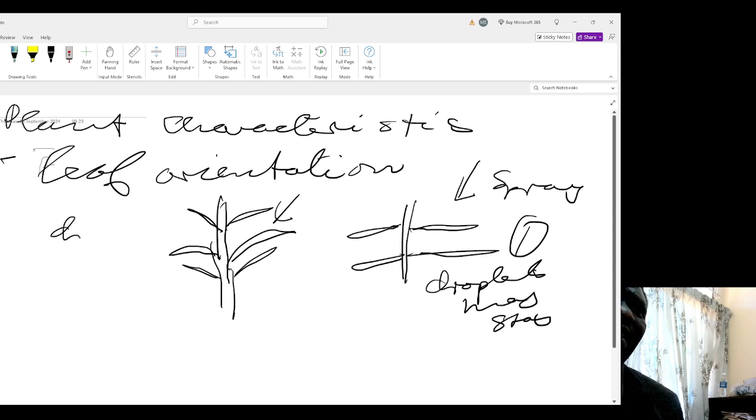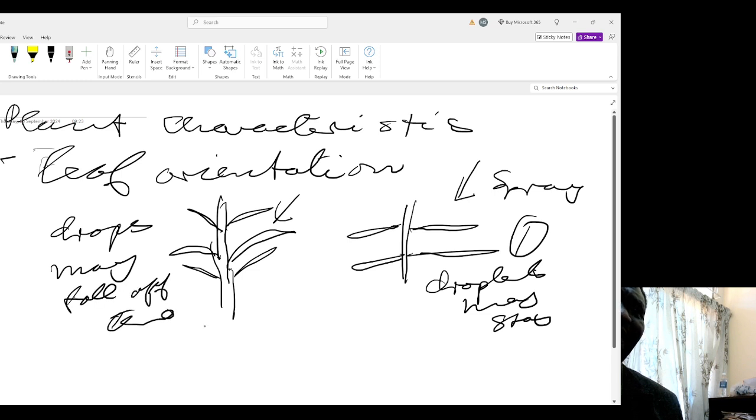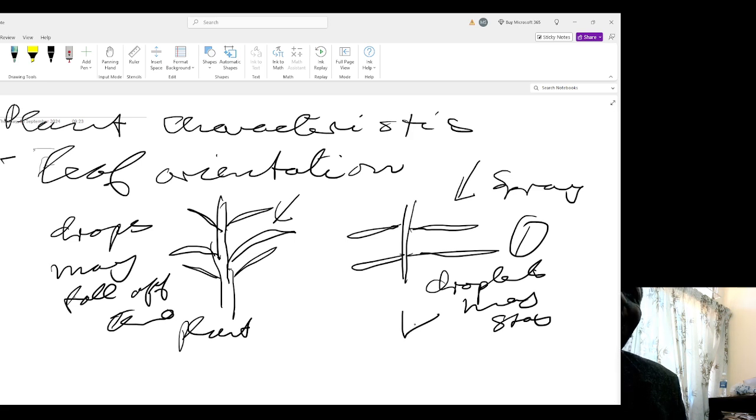But here droplets may fall off the plant, which means this plant is likely to keep the herbicide, and it's therefore likely to die compared to this one, which may survive, because this one is losing the herbicide.